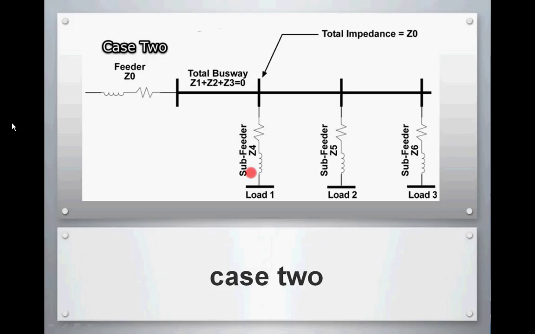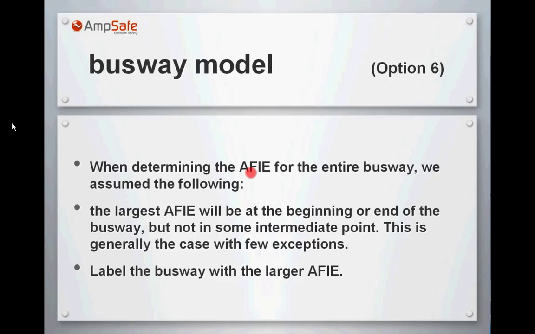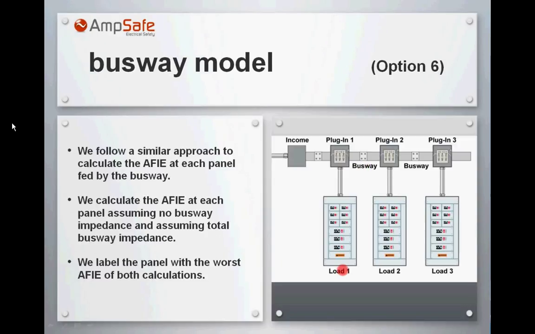We have now a label placed in the busway every 15 feet, for example. That is going to be the maximum arc flash incident energy for all the plugins. And we're going to have at each panel its own arc flash incident label with the worst possible case scenario as well. So that way you can simplify tremendously this situation with the busway models, okay?